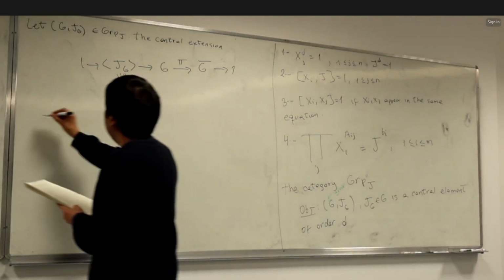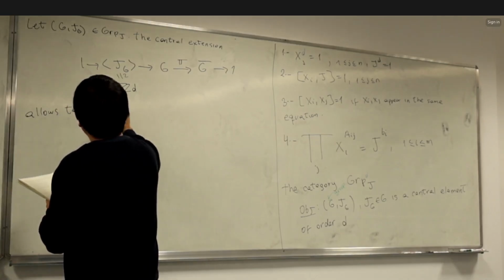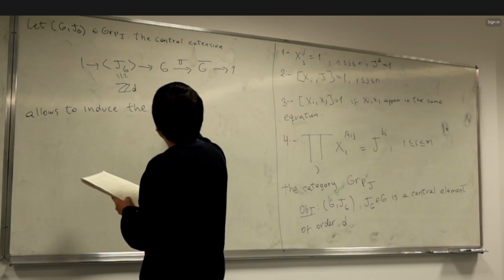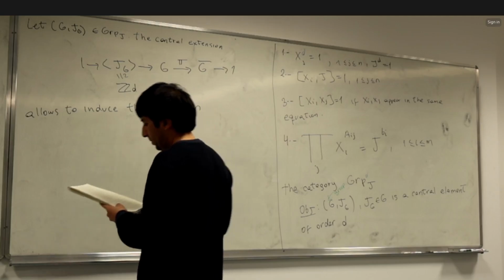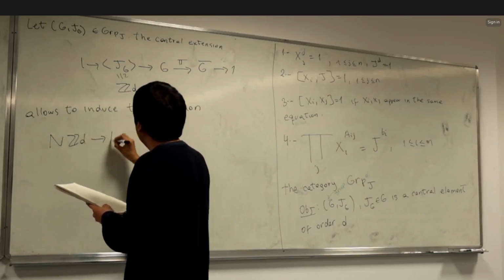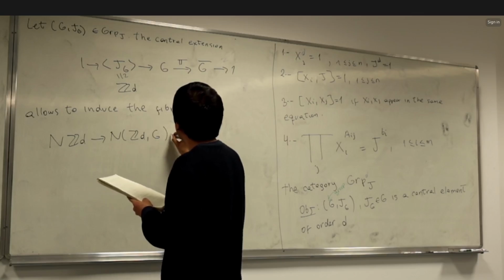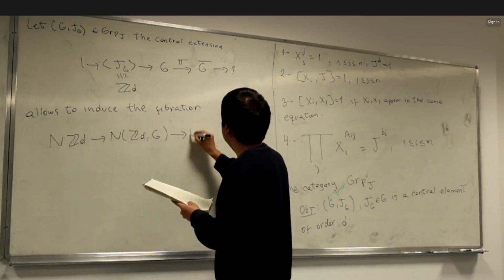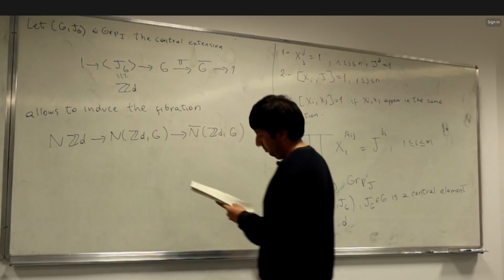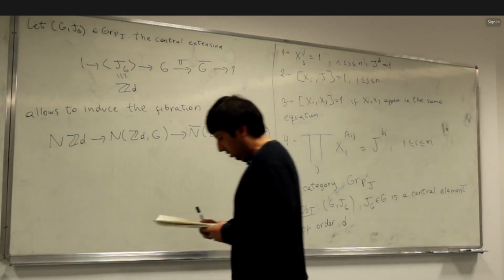Okay, so this allows us to induce a fibration, and Z mod d, the nerve, the d-torsion commutative nerve, and well, the orbit space. I will give some more details.